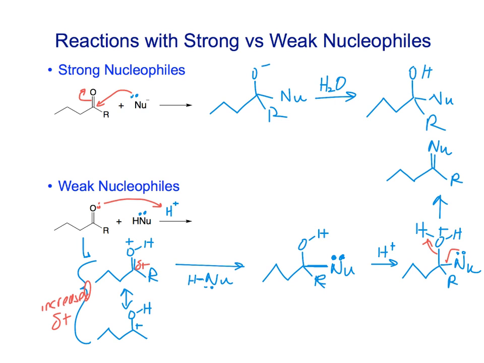And depending on the protons or not, this could have a plus charge up here, and in some cases it'll stop here, sometimes it'll react further. Okay, so we have a few extra steps that we can do sometimes when we use nucleophiles, especially like amines and alcohols. Okay?